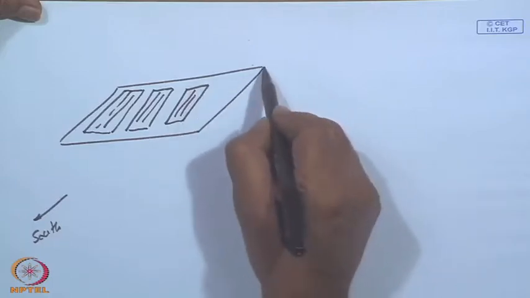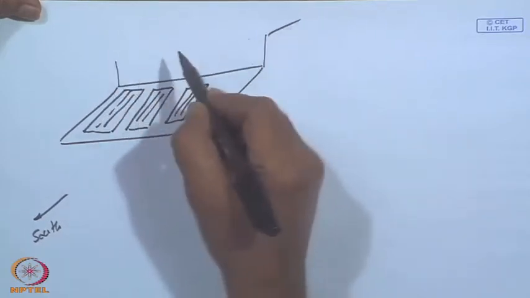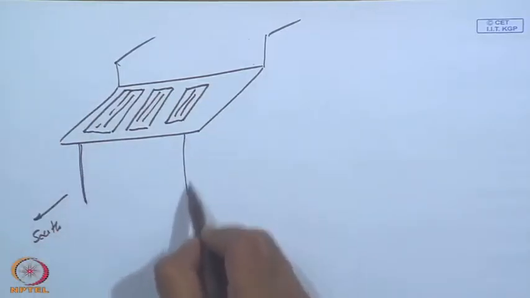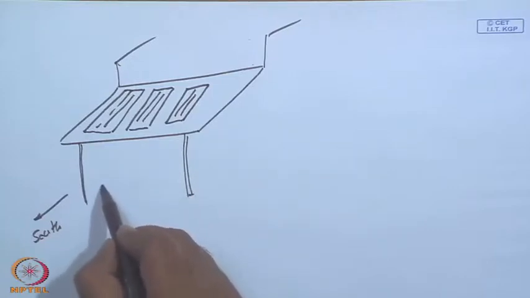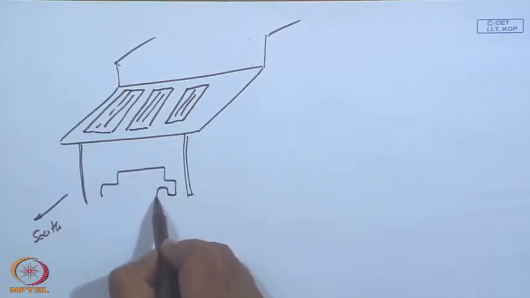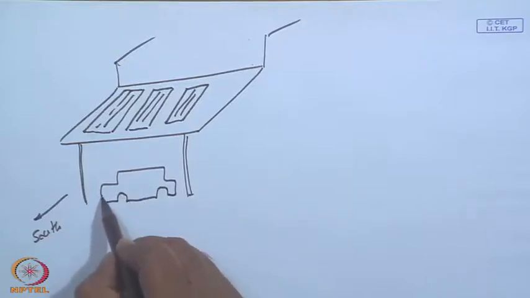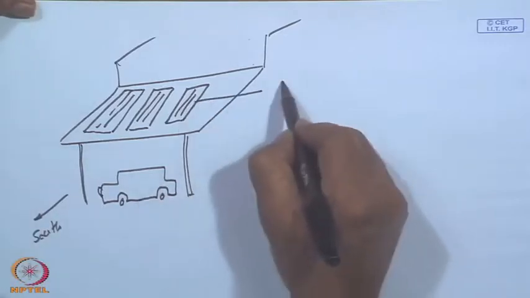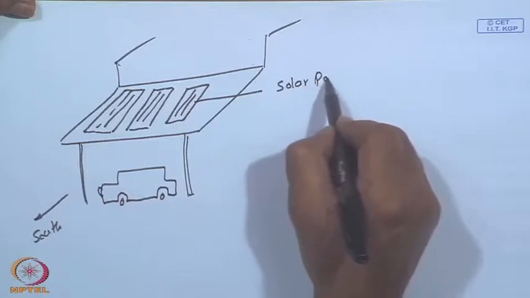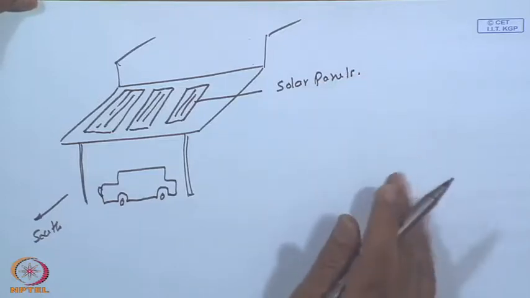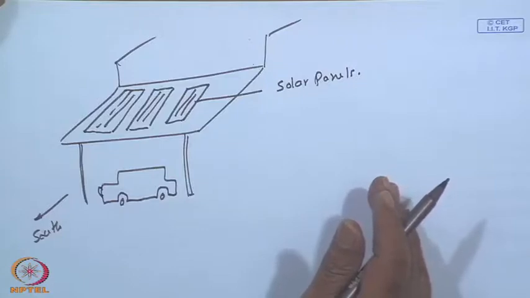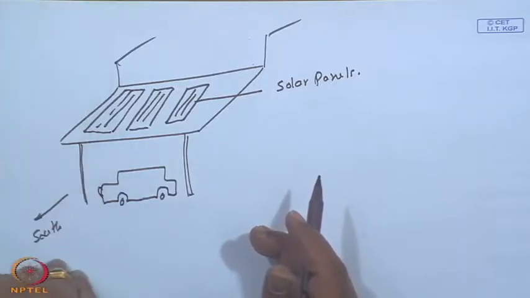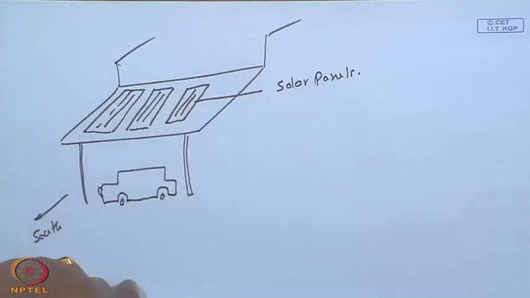This could be a big building like this, and you may have some pillars just to give you an idea, and there will be a car over here. These are the solar panels. This is a very commonly used practice, and still we will call it an active system, even though it is a part of the architecture.